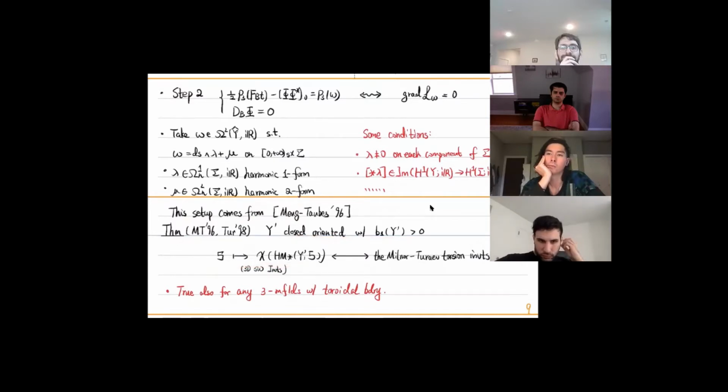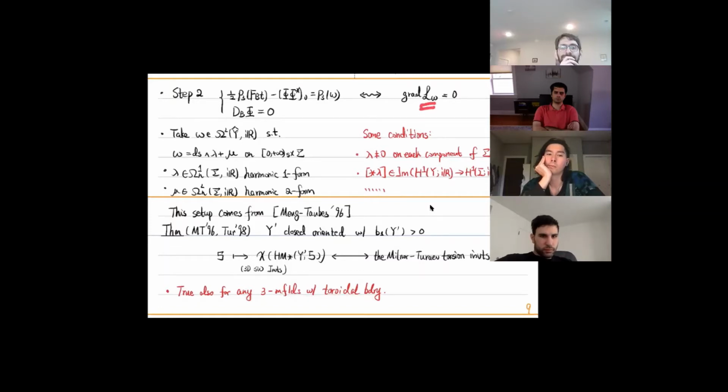But if you read their paper very carefully, then you realize that their actual statement is much stronger than this. The same statement is true also for any three-manifold with toroidal boundary. So this is what happened in their paper.